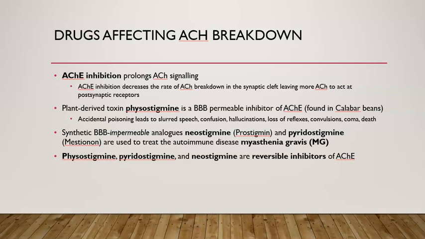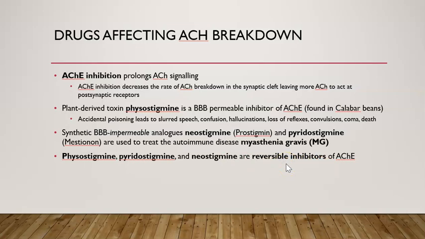And so, because these only act on the peripheral nervous system and not the central nervous system, you don't get these negative effects of coma, death, hallucinations, that kind of thing. You'll only get the effects on the muscles. Now, all of these toxins are reversible inhibitors. In other words, they don't bind and stick to it forever.